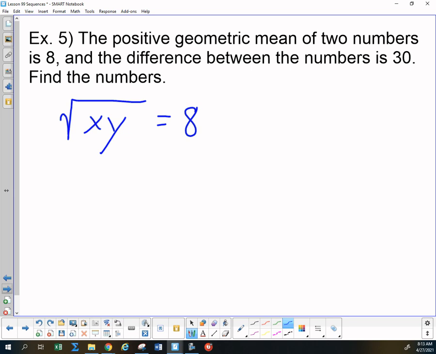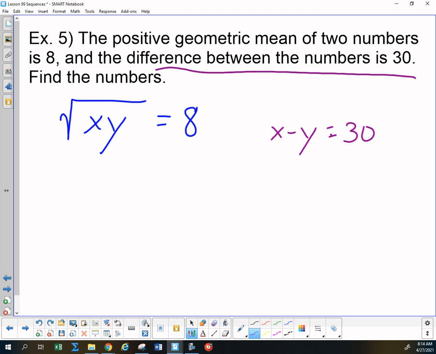And then I want to know the difference between the two numbers is 30. Does not matter if I do x minus y is 30 or y minus x is 30. This problem did not say use x and let x be the bigger of the two numbers. So maybe x is big, the way I've set it up, x is going to be bigger, but you could have set it up where y was your bigger one.